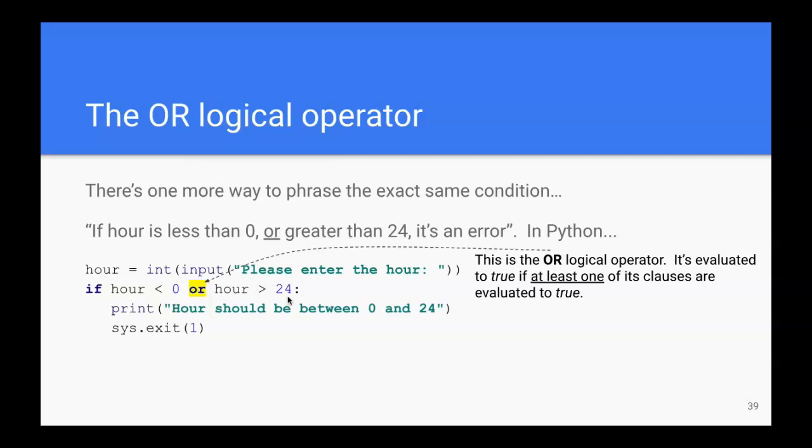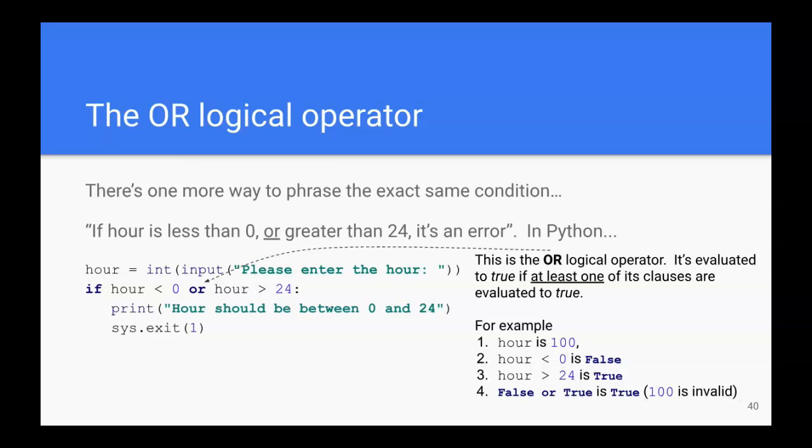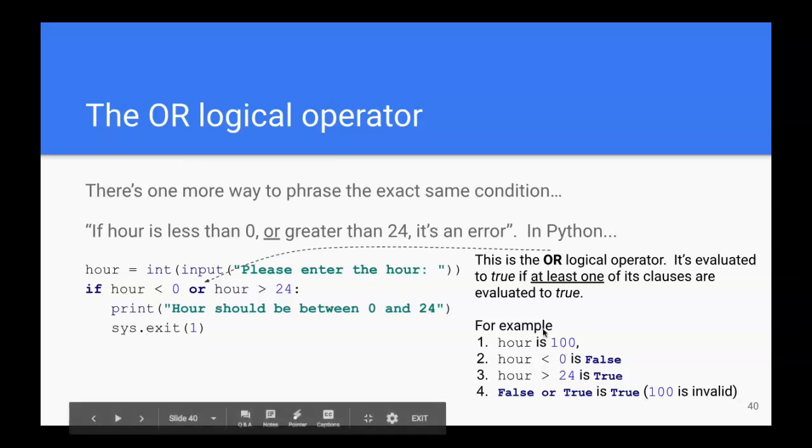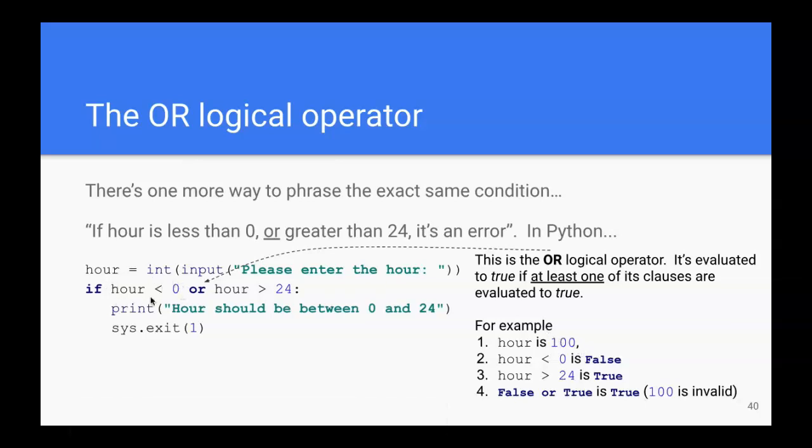Okay, as we've done a couple of times already, let's go through it step by step, given a particular value of hour. When the hour is 100, is 100 less than 0?